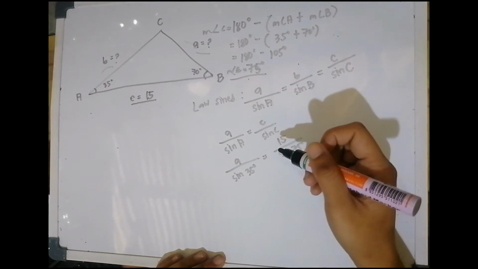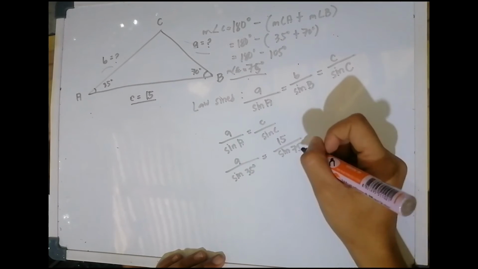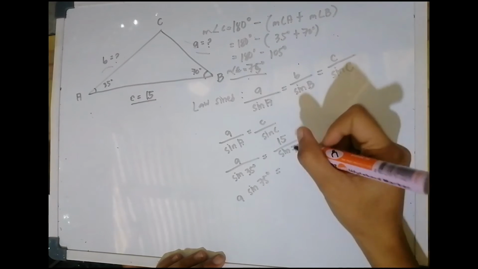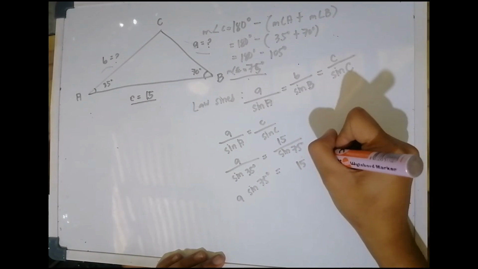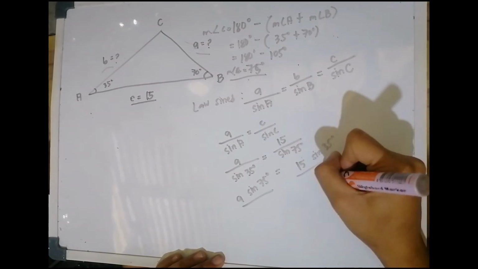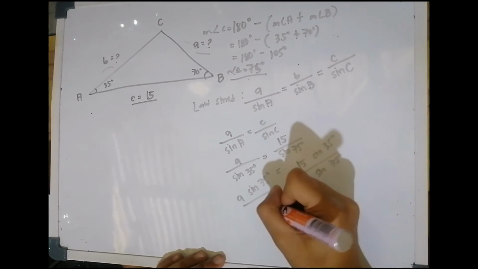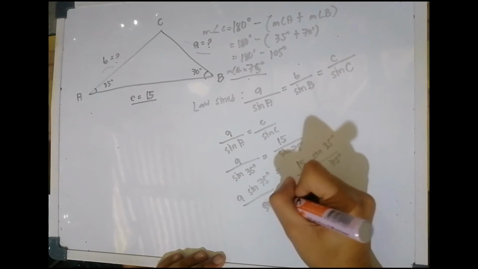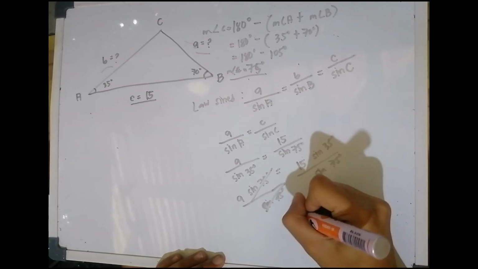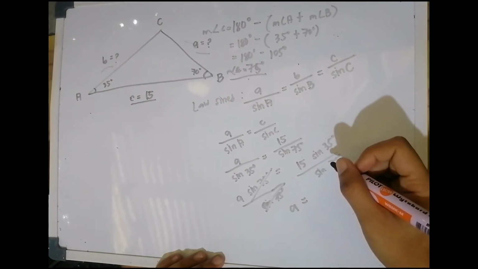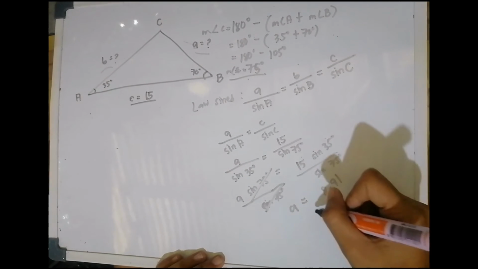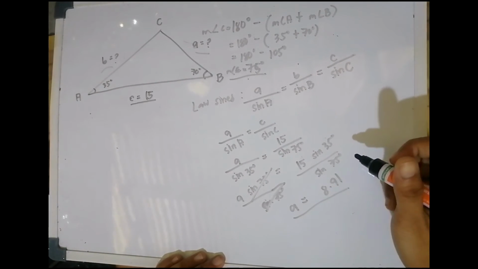Then we cross multiply, so A times sine 75 degrees equals 15 sine 35 degrees. Divide both sides by sine 75 degrees to find the measure of side A. A now will be equal to 8.91 units. So this would be the measure of our side A.